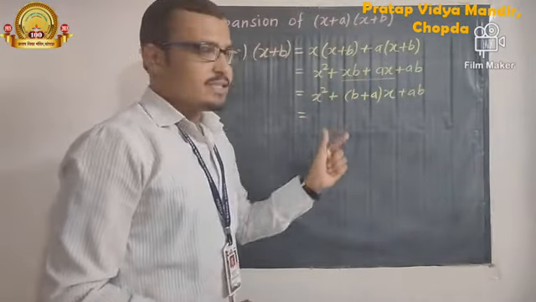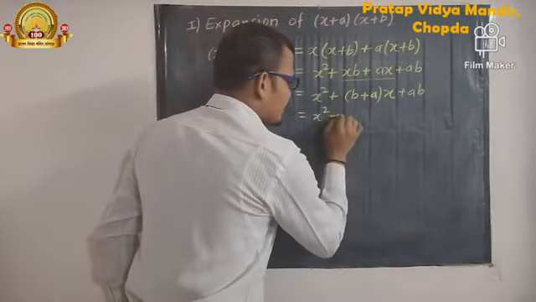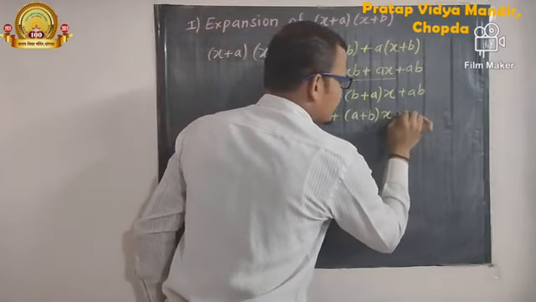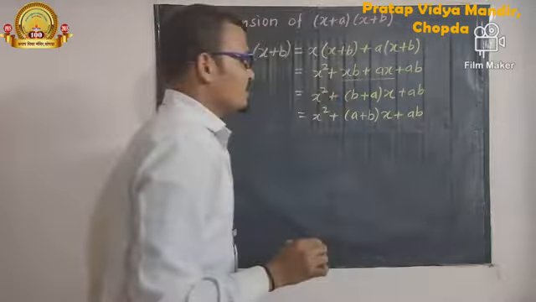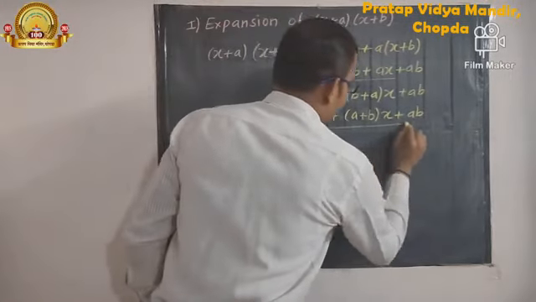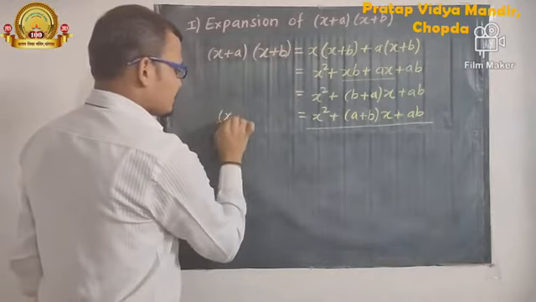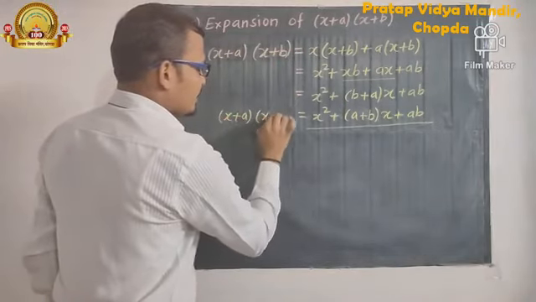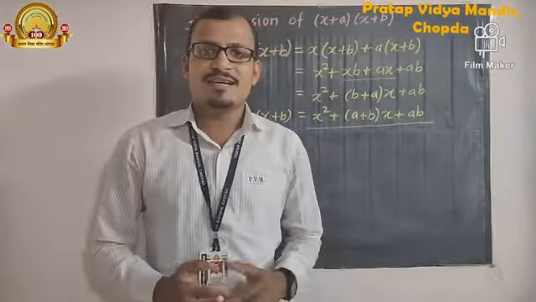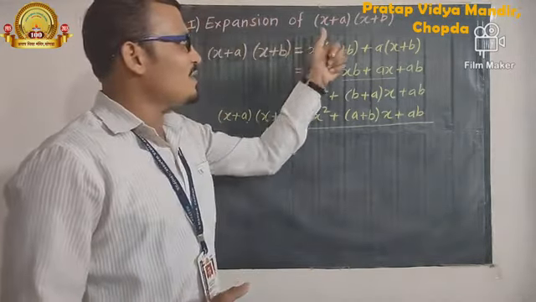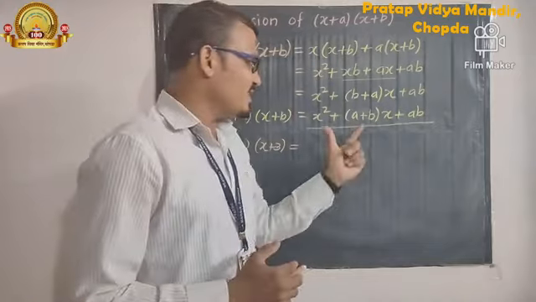We can also write this formula as x square plus (a plus b) into x plus ab. So this is our required expansion of (x plus a) into (x plus b). Friends, now we can easily solve the examples on the expansion of (x plus a)(x plus b) by using this formula.